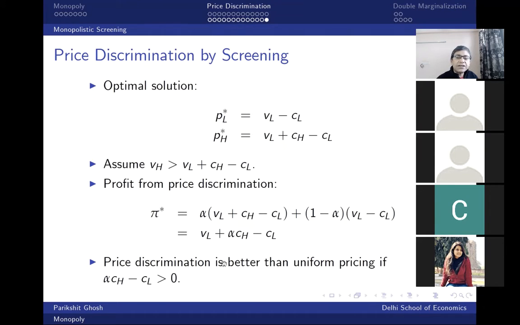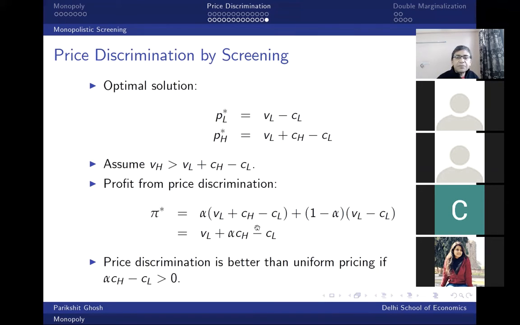If you simplify it, you get this. Just charging a simple flat price of VL from everyone gives you VL, and this strategy gives you VL plus this extra term. So what matters is whether this extra term is positive or negative. And as you can see, if alpha is high enough, this will be positive.